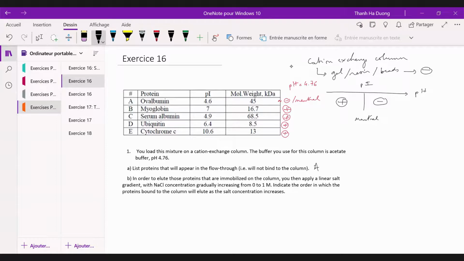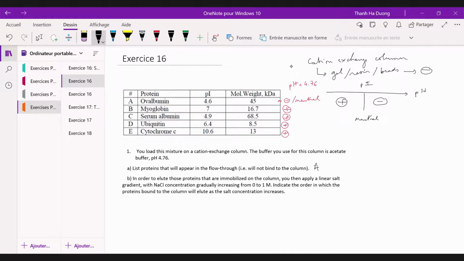Okay, and in order to elute those proteins that are immobilized on the column, you then apply a linear salt gradient with sodium chloride concentration gradually increasing from 0 to 1 molar.